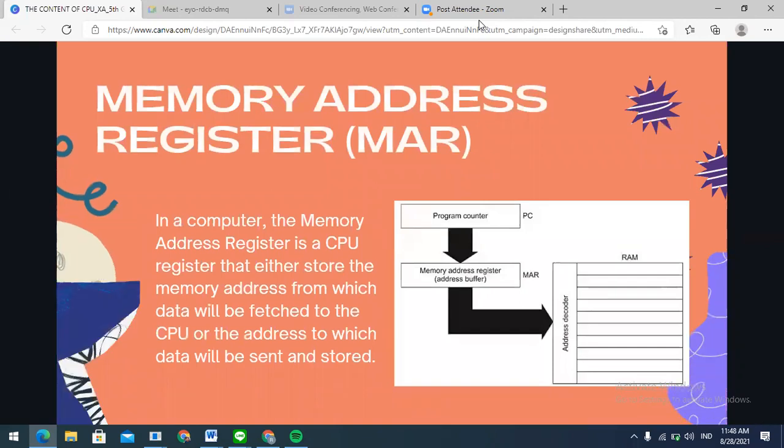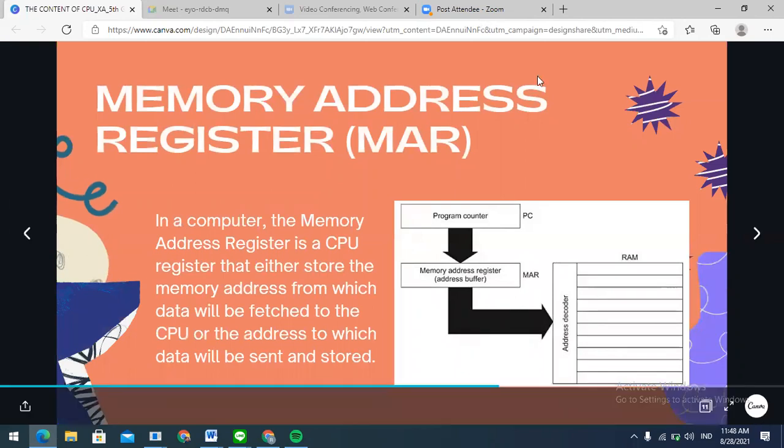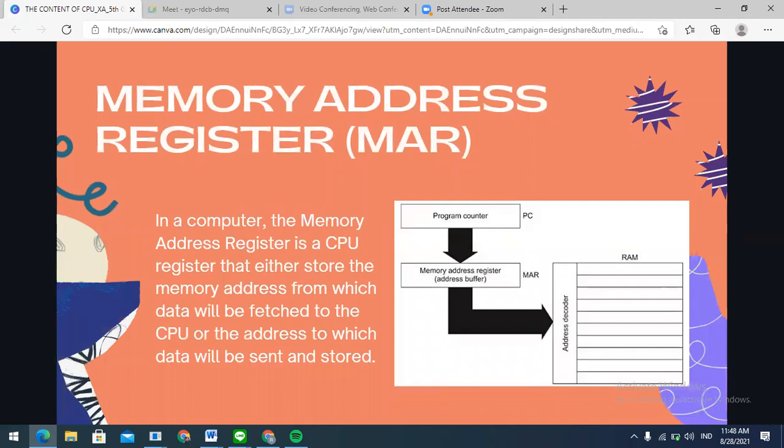Memory address register, MAR. In a computer, the memory address register is a CPU register that either stores the memory address from which data will be fetched to the CPU or the address to which data will be sent and stored.